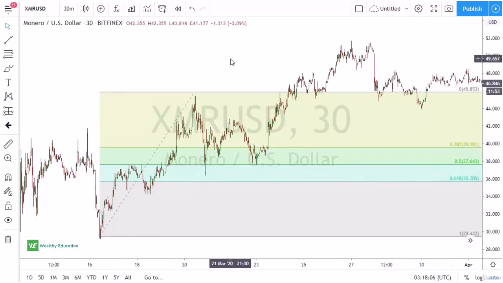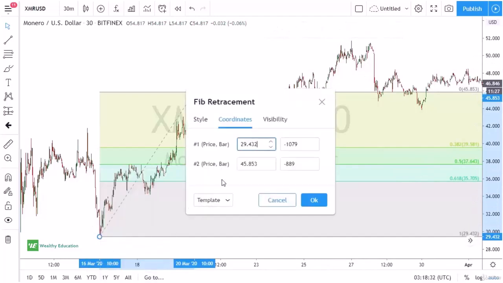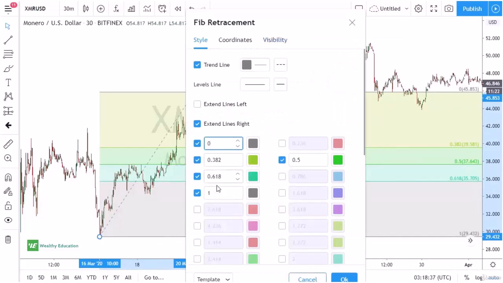The catch with Fibonacci, though, is it really can't be used by itself. There are some people that simply buy a 50% pullback, which ironically actually isn't a Fibonacci number. It's just that for years, traders have always bought the 50% pullback, so they include it in the tool. It should also be noted that there are a multitude of other numbers that you can have.